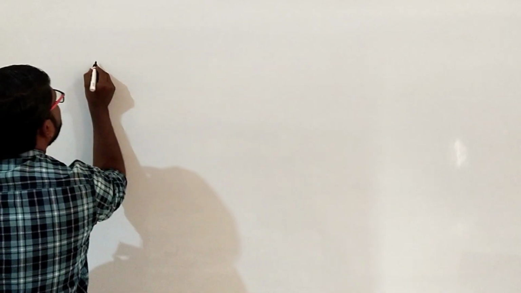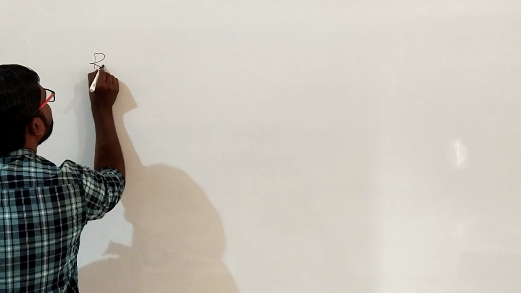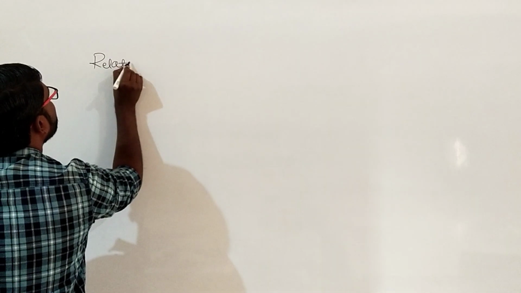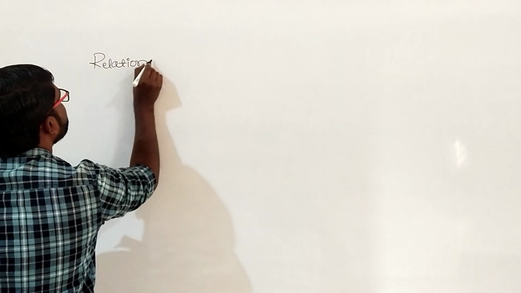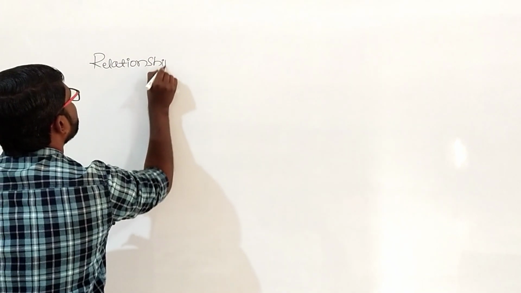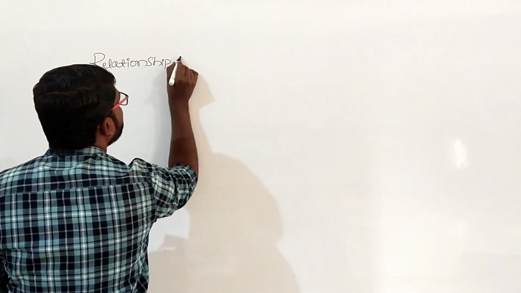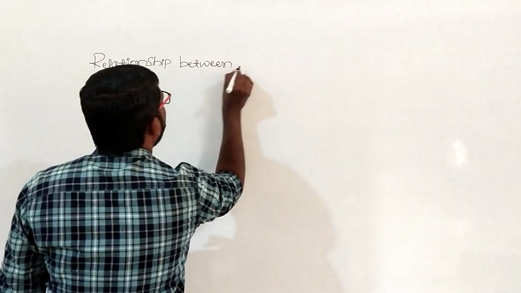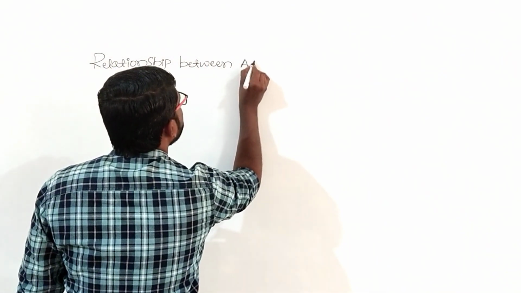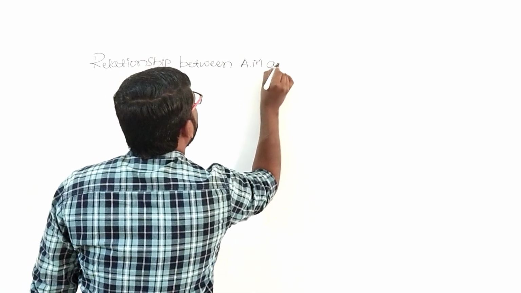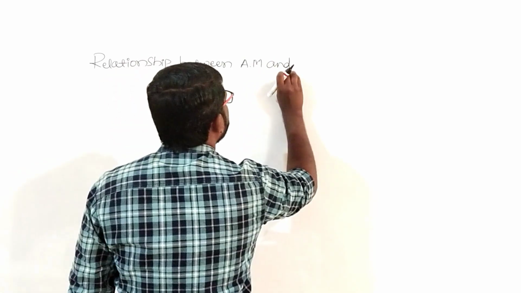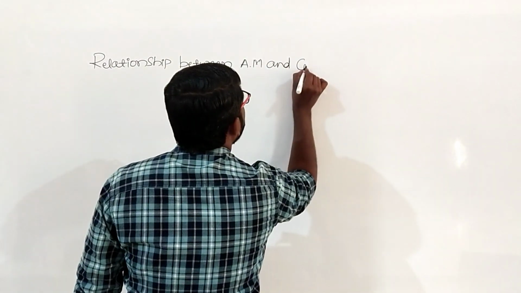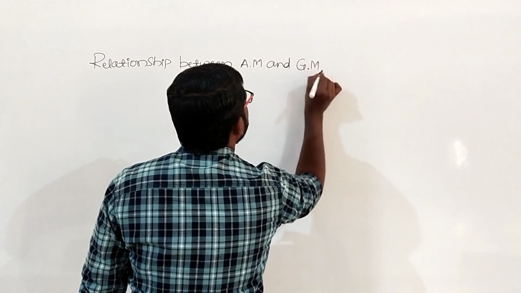So the next subheading is relationship between AM and GM.